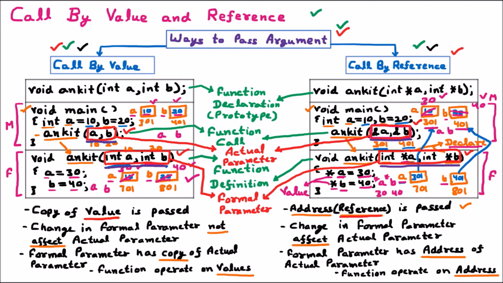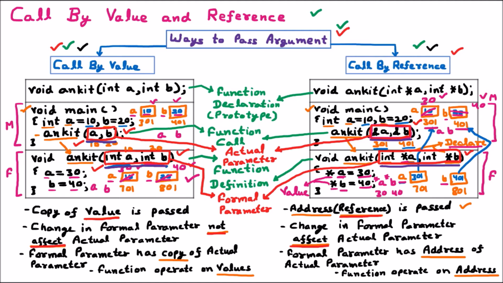The second difference between call by value and call by reference: in the call by value method, a change in the formal parameter does not affect the actual parameter. But in the call by reference method, a change in the formal parameter affects the actual parameter. The parameters used for calling the function are called actual parameters, and the parameters the function uses to catch the values are called formal parameters.